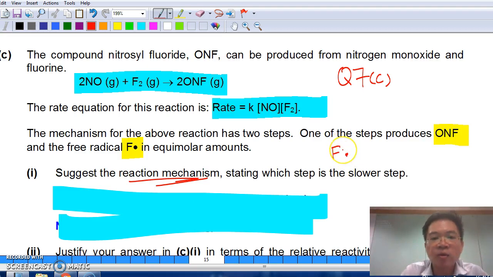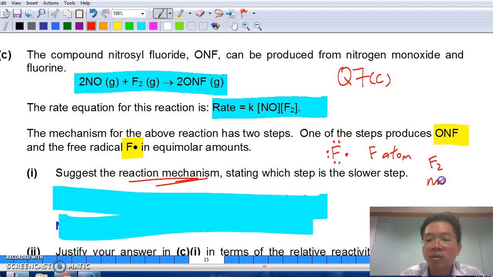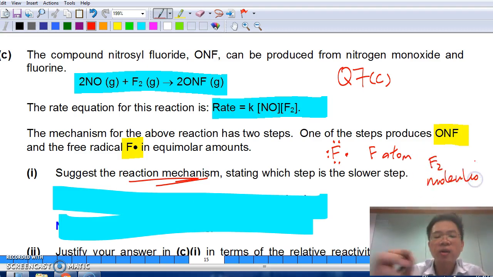We know that F itself has 7 valence electrons, and if we were to draw the other valence electrons, you realize that F radical is none other than a fluorine atom, right? But normally we do not see fluorine atoms as a species. Most of the time you see fluorine molecules. So fluorine atom itself is very reactive.